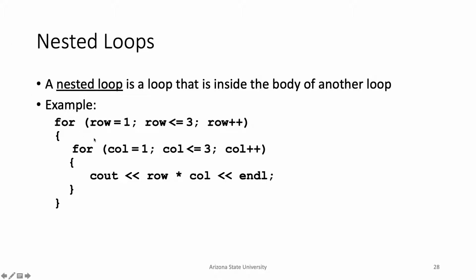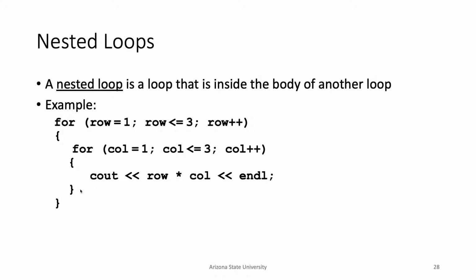So what happens here is we enter this first for loop right here. Then we're going to immediately do all 3 iterations of this inner for loop for the columns here. And then we're going to exit the inner for loop right here and come back up to the second iteration of the outer one.